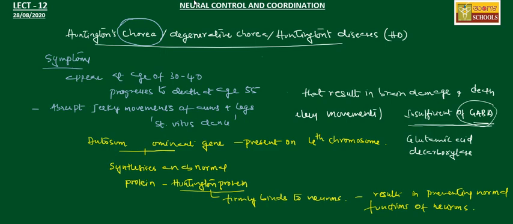And again, there will be involuntary facial expressions like showing disgust and pain, and the persons will also have the problem of dementia, and death will occur within 15 years of onset of symptoms.